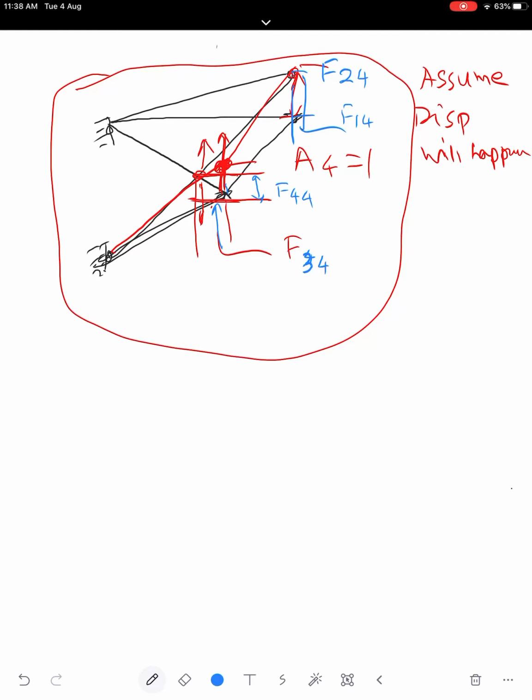You just have to look at the subscript 4 here, 4, 4 and 4, and just 1, 2, 3, 4. So this is about flexibility coefficients.